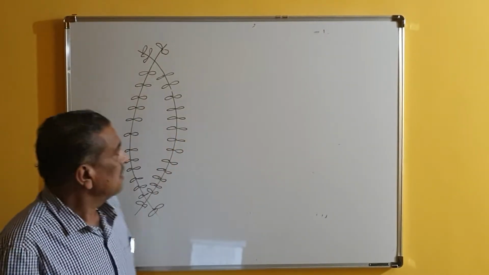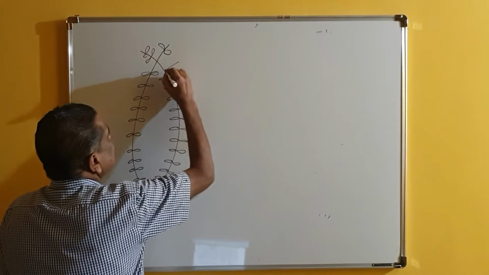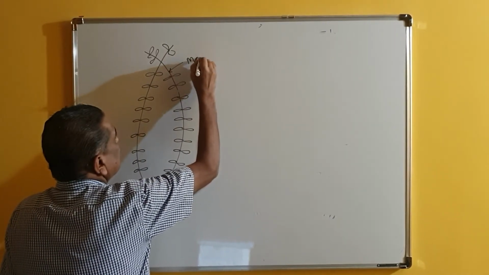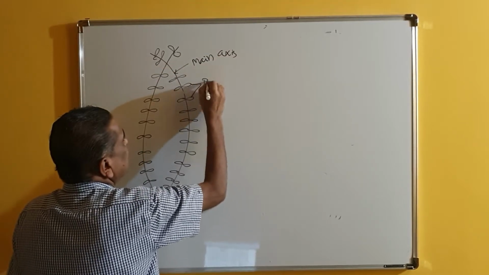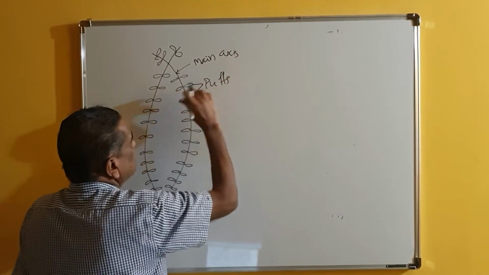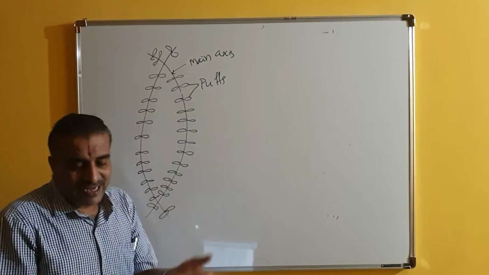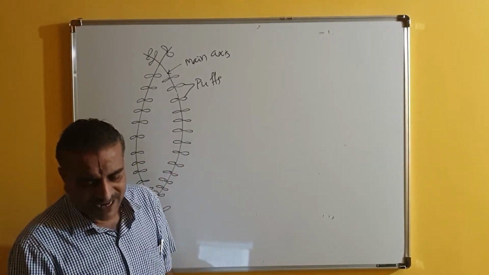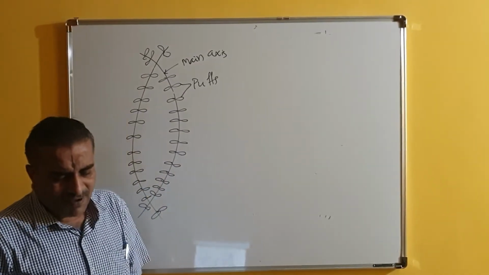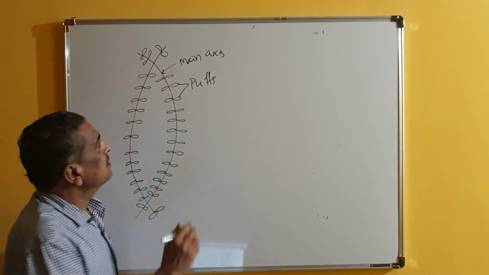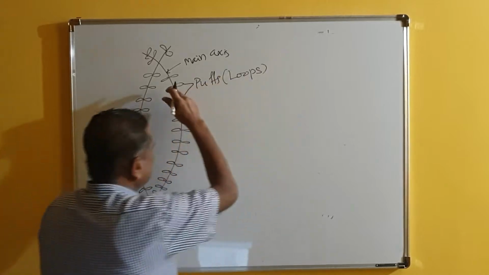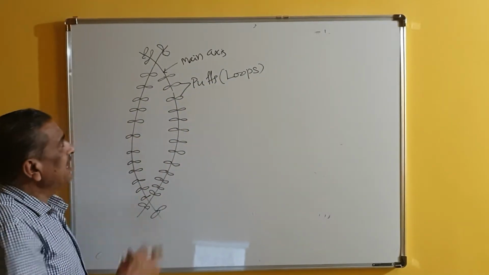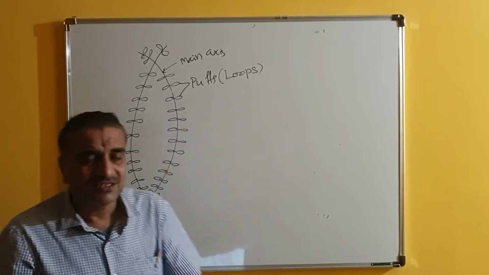During this, you will find the main axis, and these are called puffs. Puffs means loops. Innumerable loops are there, and such things are very big in size.